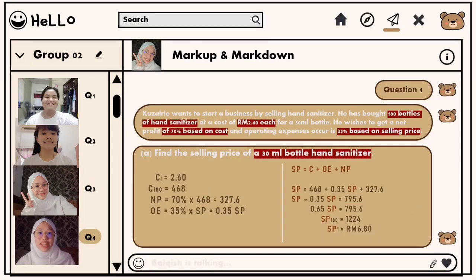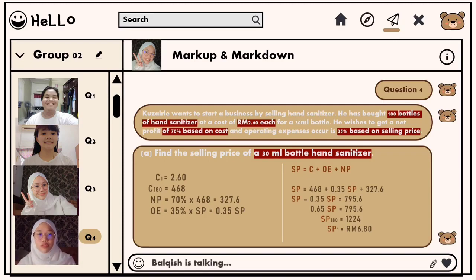Question 4. Find the selling price of a 30 ml bottle of hand sanitizer. So, Kuzari bought 180 hand sanitizers at a cost of RM2.16 each. Other information given is 70% net profit based on cost. That means 70% times total cost.